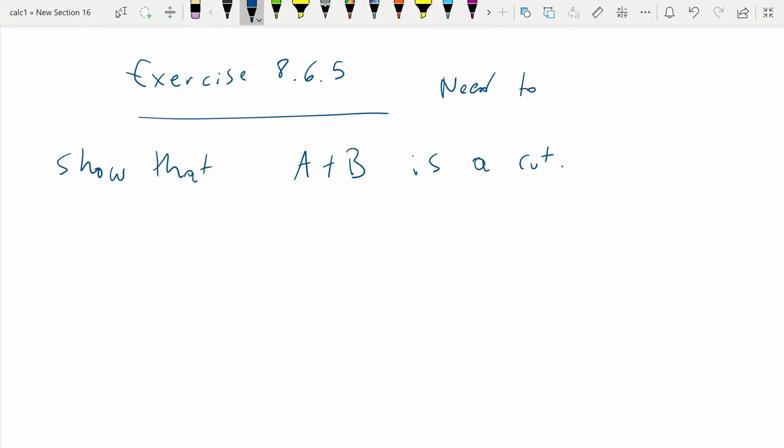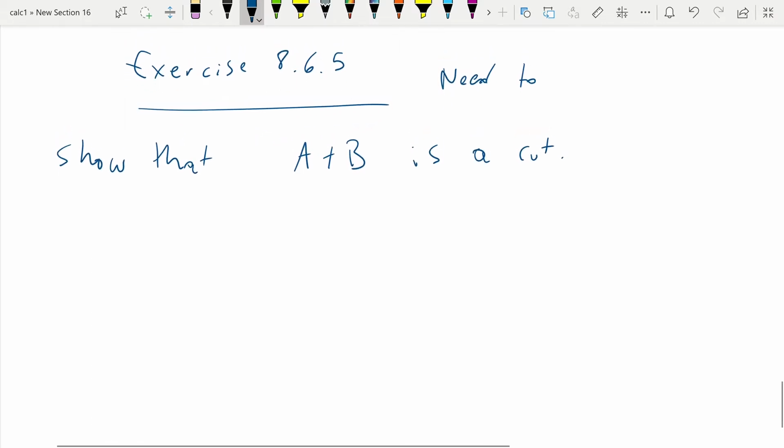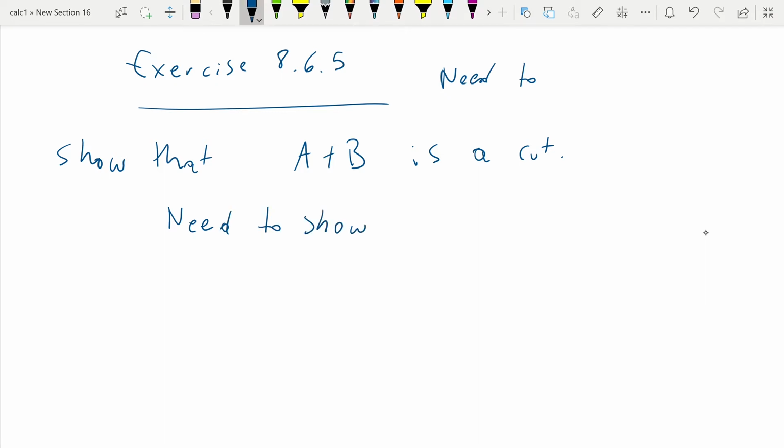And one other thing that you need to show for this exercise is that, since we're trying to extend the usual notion of addition, show that the plus is a commutative operation.